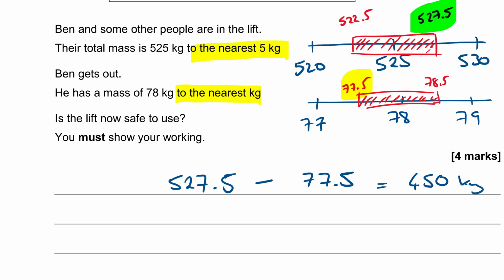So this is the upper bound of the weight of people. Any other case would be less than that, and 450 itself is acceptable as well. So all the possible values that it can be are at 450 kilograms or less. So we can say that the lift is now safe to use, just.